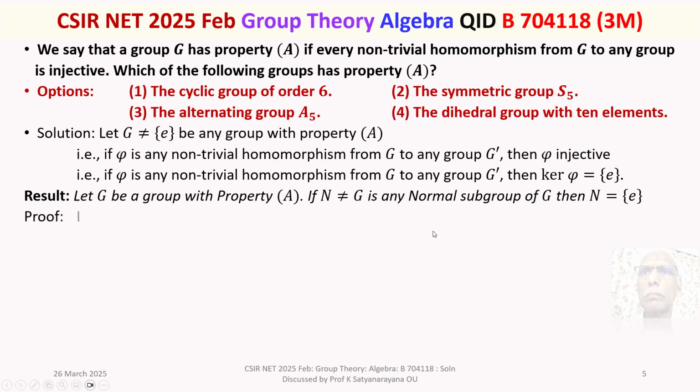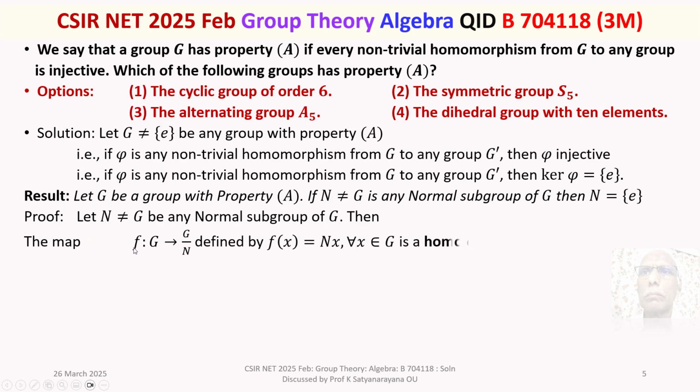Right. Proof. Let N not equal to G be any normal subgroup of G. Then we have the result. The map f from G to the quotient group G by N defined by f of x is equal to the coset Nx, x belongs to G, which we know is a very famous result.